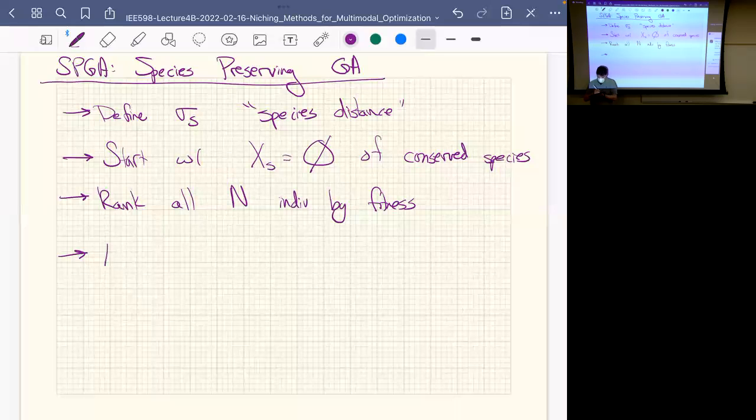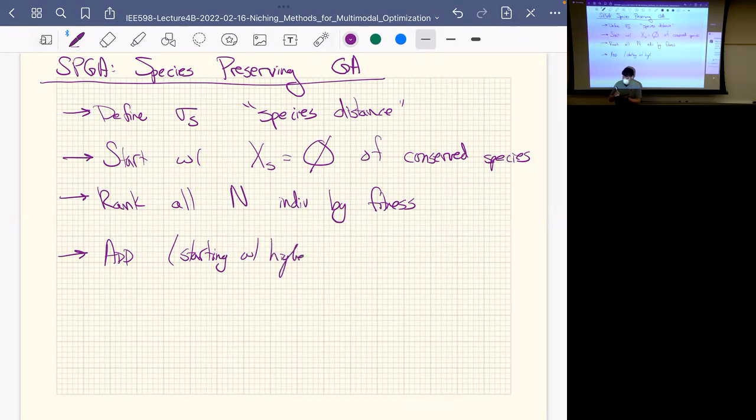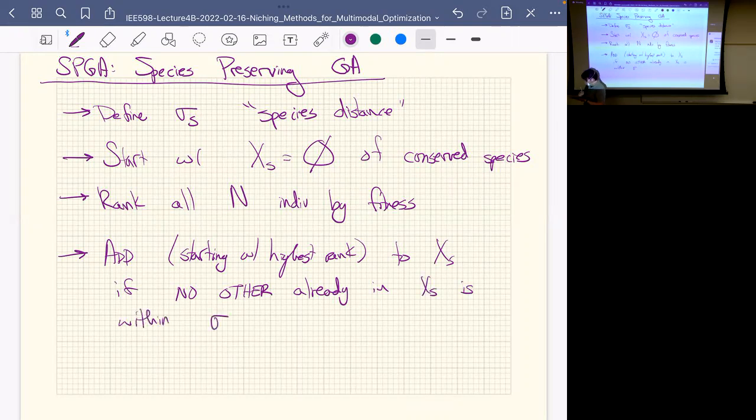And we add, starting with the highest rank, to our once empty set, if no other individual already in it is within the species distance over 2, sorry, of the individual.